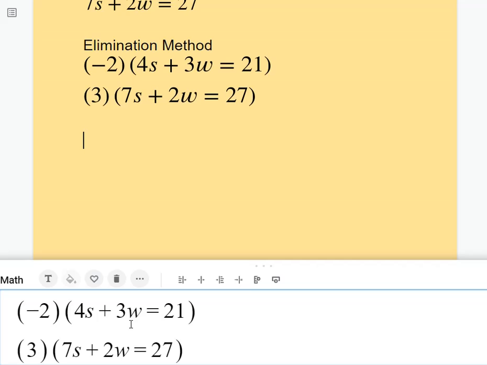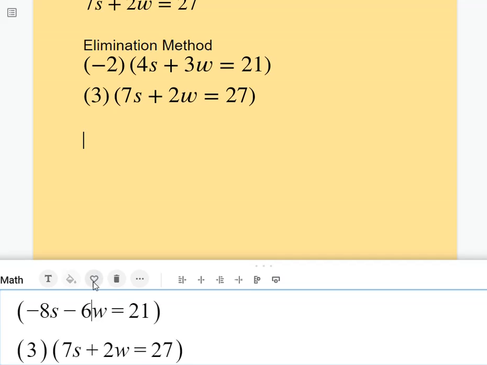Yeah, we'll still have this here, so we can use that. So we multiply by -2. The first entry there is 4s. You multiply that by minus 2. What do you get? You get minus 8, right? Minus 8. And then you move on. The second one, the w side, you multiply by minus 2 and you get minus 6, right?